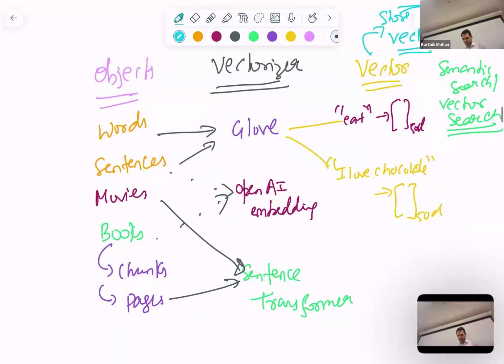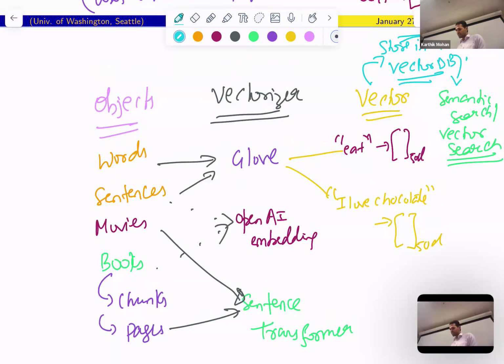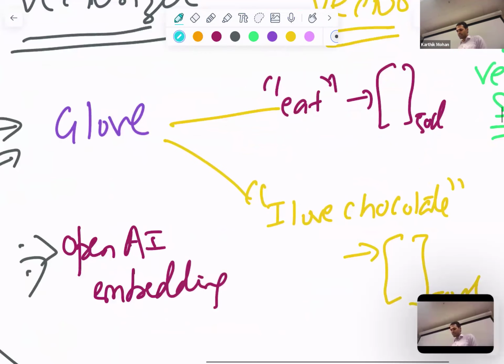All right. So we spoke about objects. We spoke about having a vectorizer. We spoke about vectors. We spoke about storing the vectors in a vector DB. And we also spoke about retrieval, right? So this is retrieval of vectors for a vector search problem. And we also spoke about vector search last time.